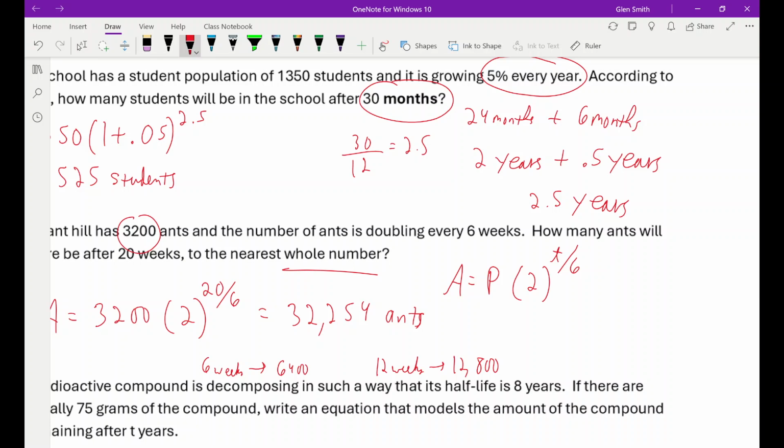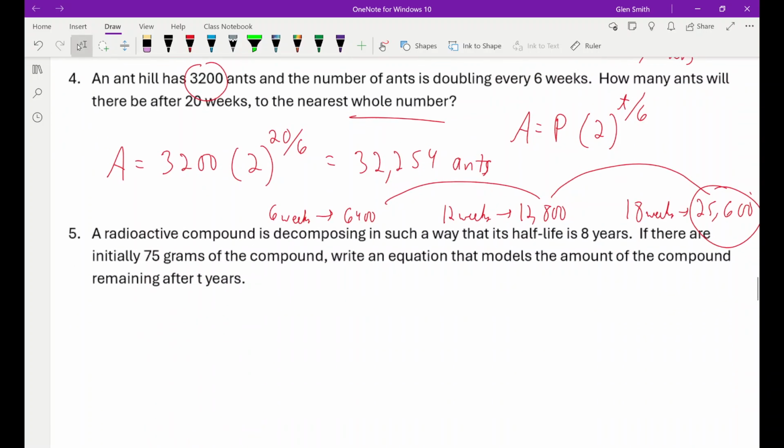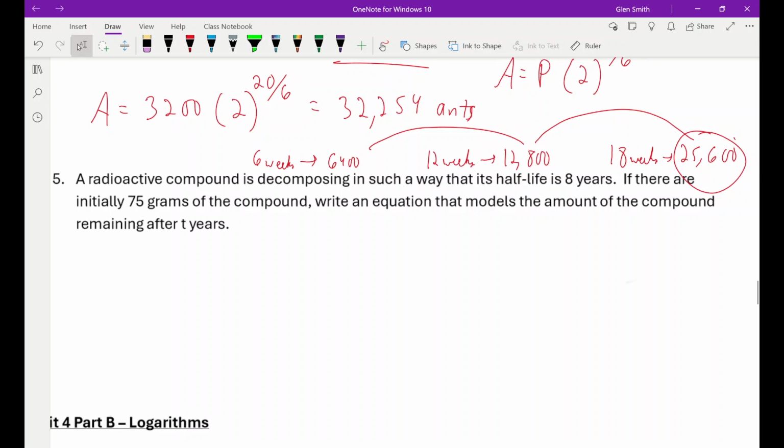And after 6 more weeks, which is 18 weeks, it should double again, so that's going to be 25,600. That's just double and double. So I knew it had to be bigger than this number here, 25,600, and it was 32,000.